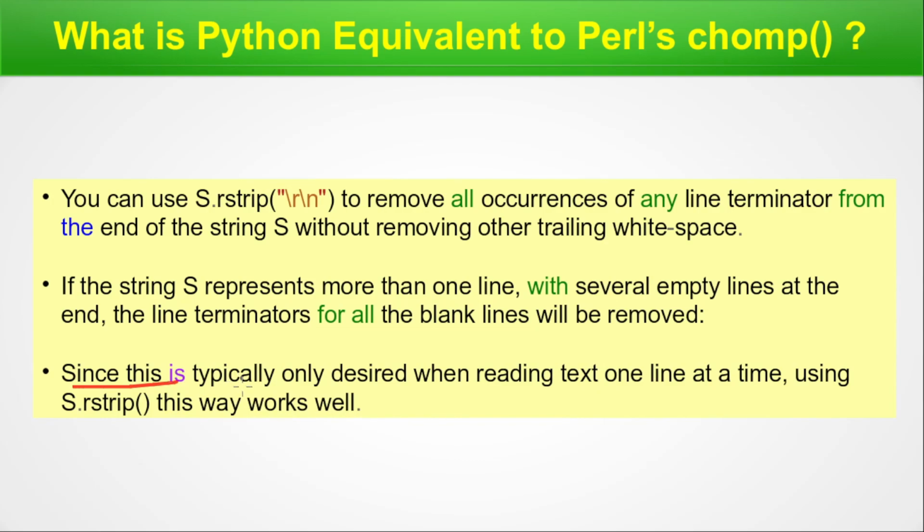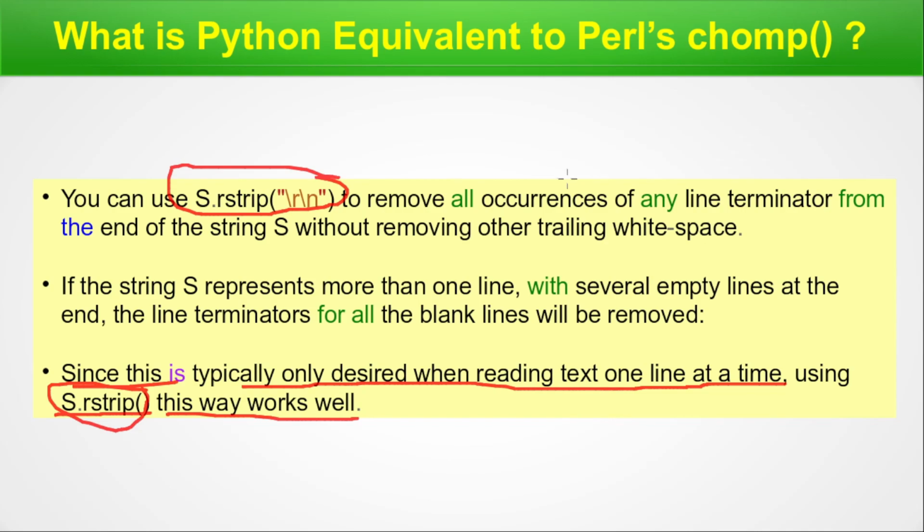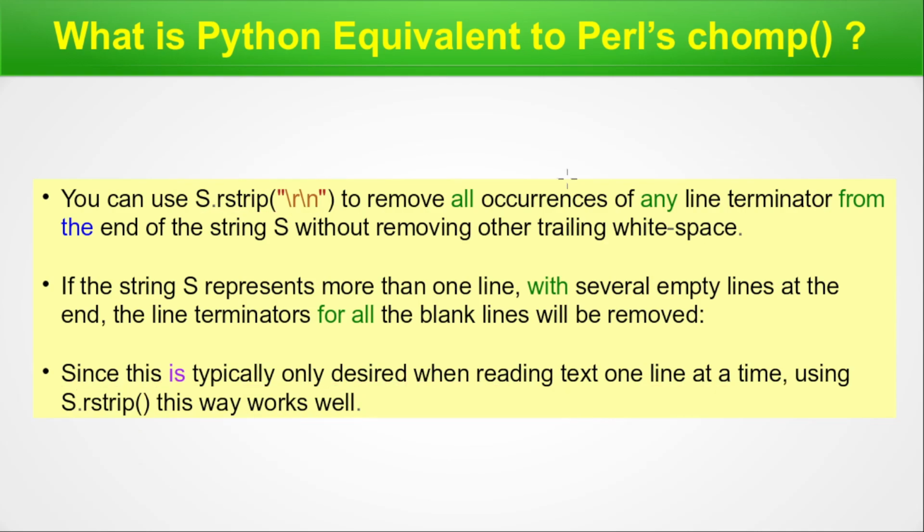Since this is typically only desired when reading text one line at a time, s.rstrip works well. So you can use the simple version, the s_string.rstrip, and in case you need a wider version, this is there. So now you have the answer to the interview question, what is Python's equivalent to Perl's chomp?